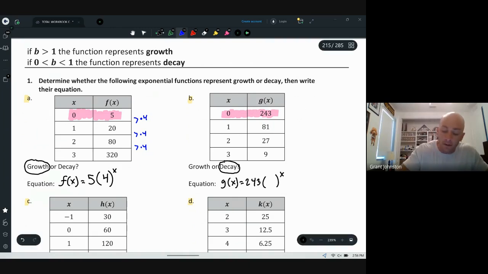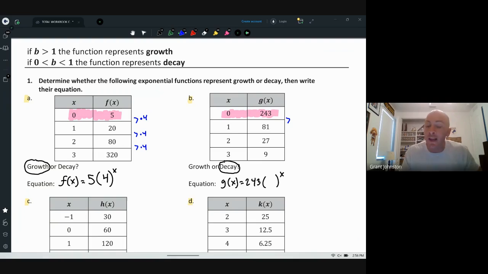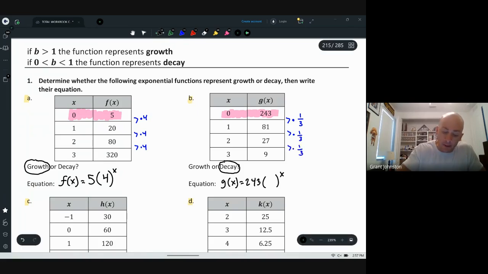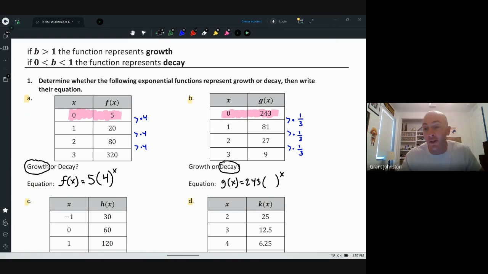What is the pattern? The pattern here looks like it's dividing by 3. But we write this in terms of multiplication. So if you're dividing by 3, you're really multiplying by 1/3. So the growth factor, or I guess it's actually a decay factor because this is a decay, is 1/3.